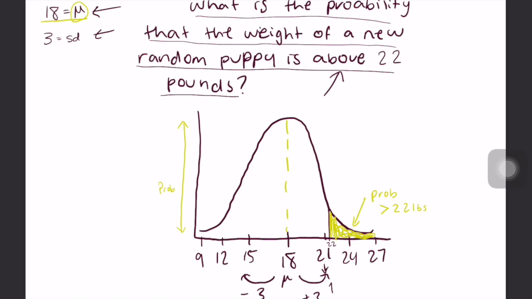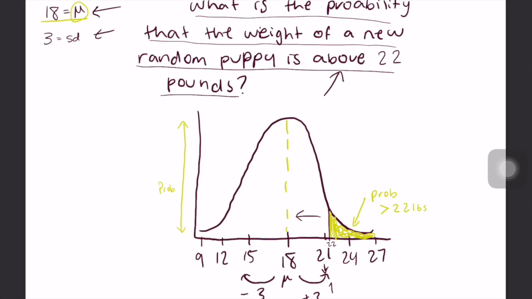What exactly does that mean? That means that 90.82% of puppy weights fall below this value. Or in other words, there is a 90.82% probability of finding a puppy with a weight below 22.